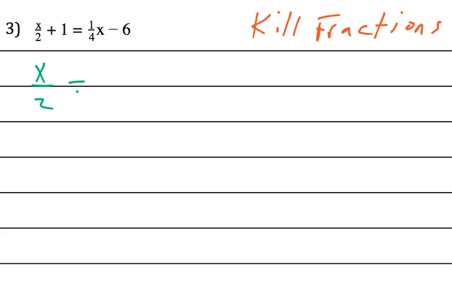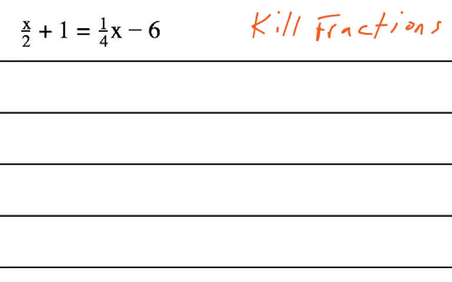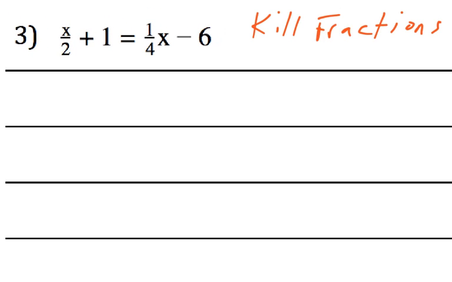I'm going to zoom in. x over 2 plus 1 equals 1 over 4 x minus 6.